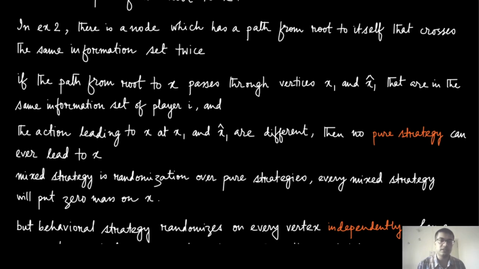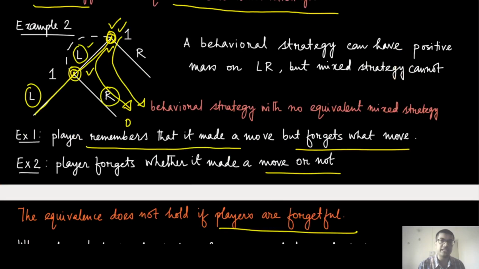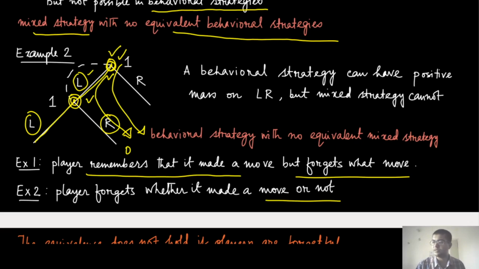Now consider the following. If the path from the root to x passes through vertices x1 and x1 hat, two different nodes that are in the same information set of player I, and also the action leading to x at x1 and x1 hat is different.